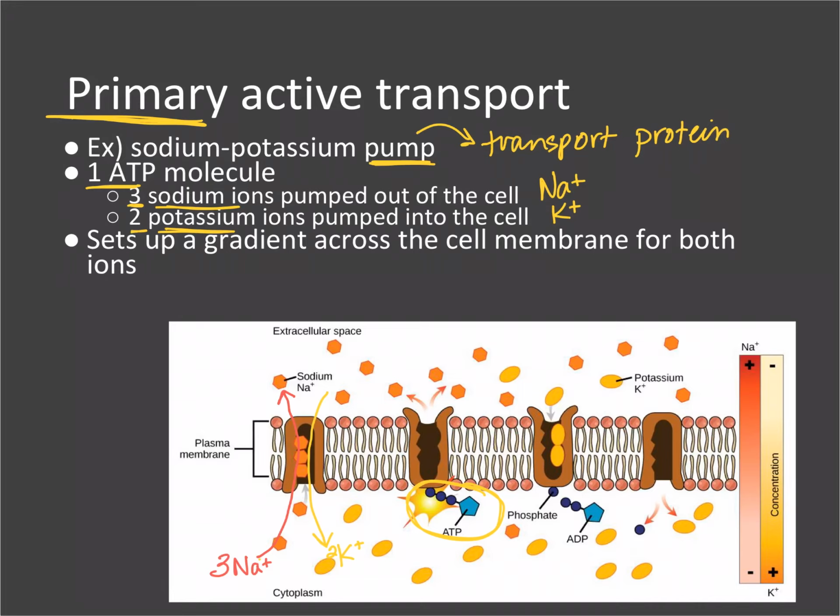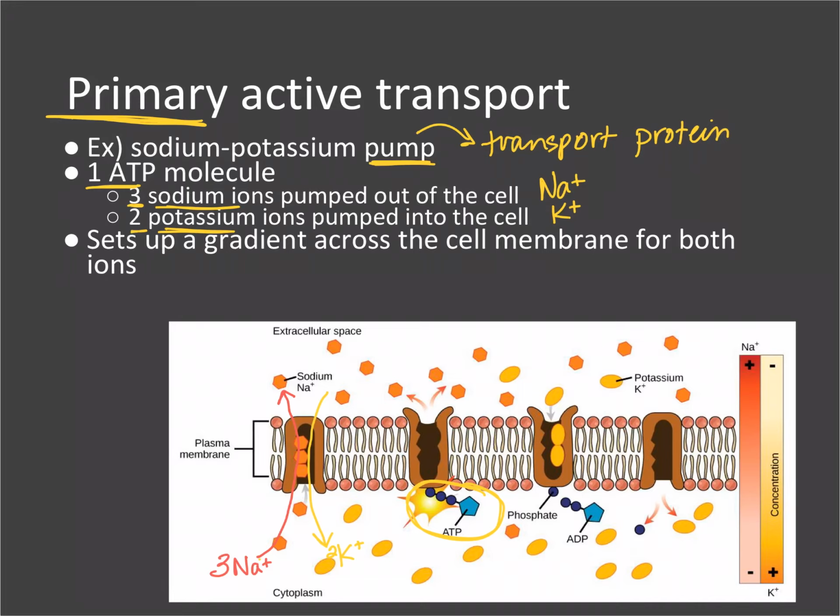So potassium is being transported up its own concentration gradient. Sodium is being transported up its own concentration gradient. So what we end up with is a lot of sodium on one side of the cell and lots of potassium on the other side of the cell because of this pump mechanism here.